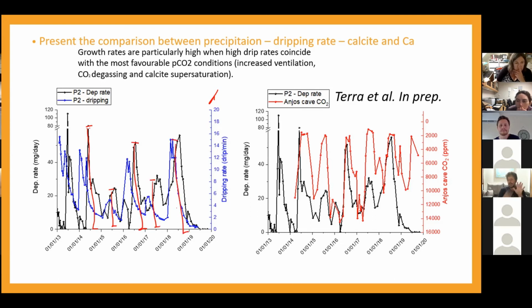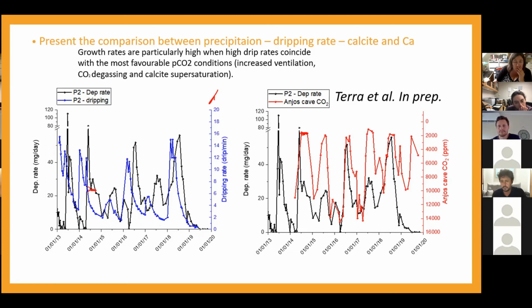There's a lag. Why does this lag occur? Because we need to look at this: there's a peak and then a decrease, but there's still a good amount of water. The number of drippings is like 8, 10 drippings per minute. So there's a good water supply at this time, a reasonable water supply, and at the same time a lower CO2.